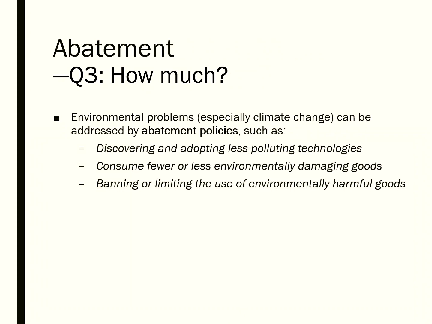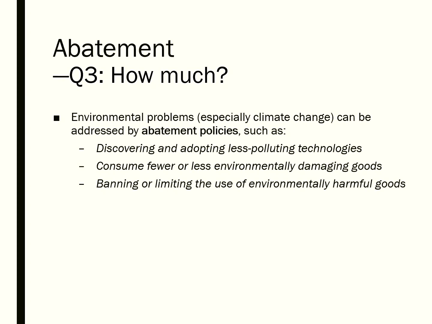The third question is policy related. We acknowledge that pollution is inevitable, so we can't get rid of all pollutions at no cost, but to set an optimal pollution level. This is addressed by abatement policies. On the supply side, it includes discovering and adopting less polluting technologies.